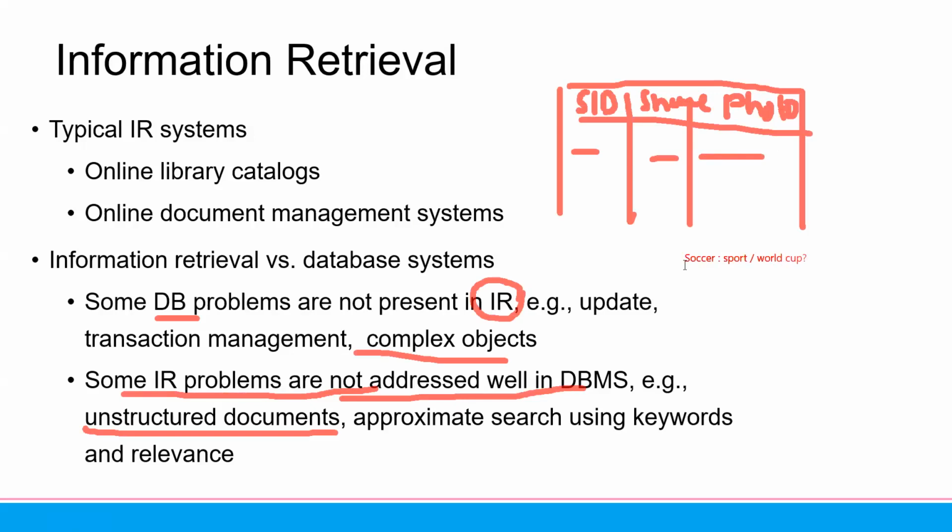Any news now is focusing on soccer, so they put a new World Cup section. In the database, we cannot do that. Unstructured documents cannot be classified directly. We use approximate search using keywords. So we need to find good keywords to find documents, and also the relevance.